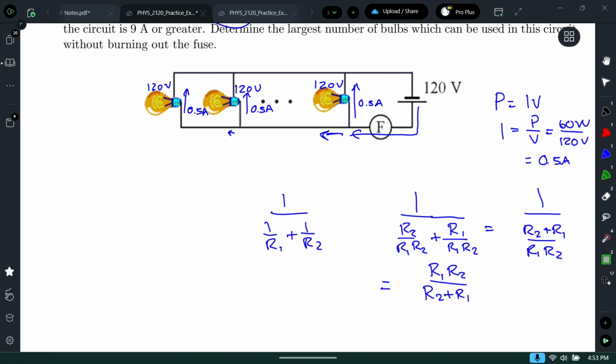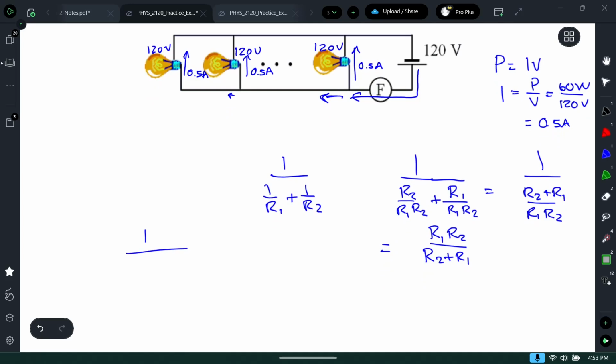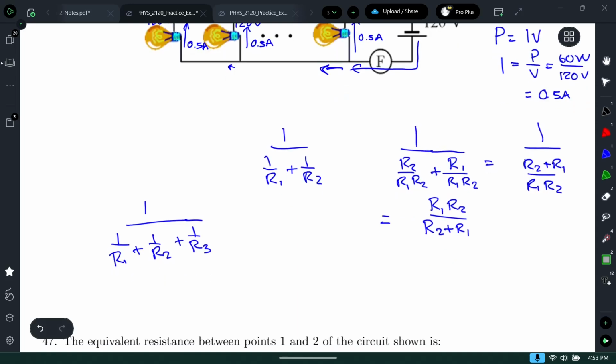So that's fine. But what if you had 1 over R1 plus 1 over R2 plus 1 over R3? Well, then to get a common denominator, I've got to multiply the first by R2, R3 over R2, R3. Second one by R1, R3.